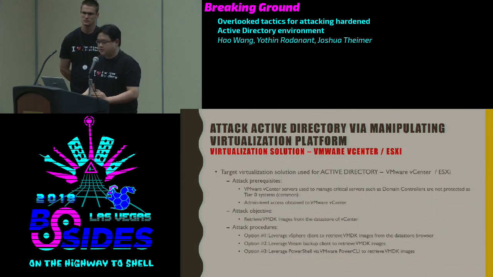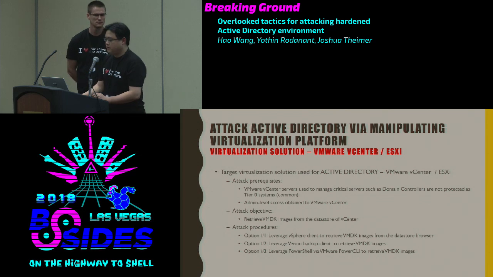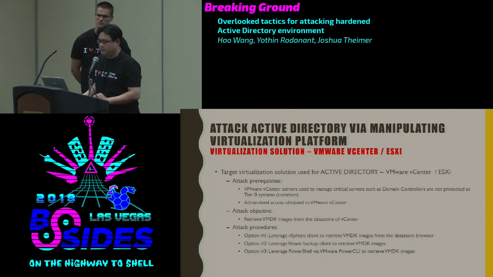Similarly, this is one of the ways an attacker can extract the password hash from the VMDK disk. The assumption is that the vCenter hosts one of the domain controller images in the environment. The attacker might move laterally on the network to obtain the VM admin credentials.